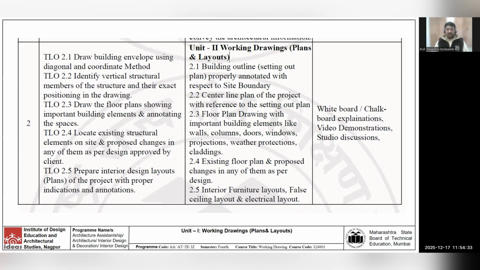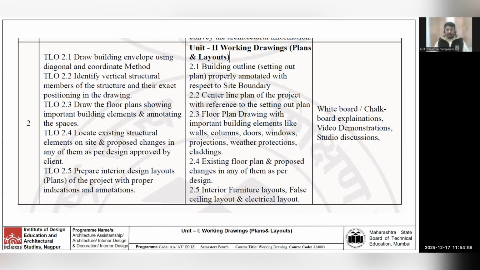So these are the contents for the second unit of the working drawing. The very first TLO is to draw a building envelope using diagonals and coordinate methods. This part of the TLO basically takes care of the structural system of the proposed building.